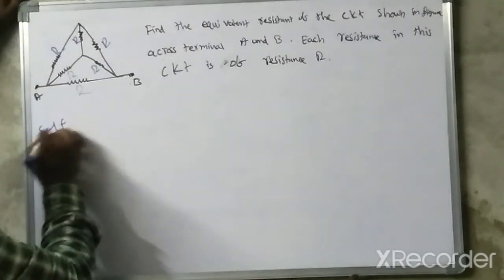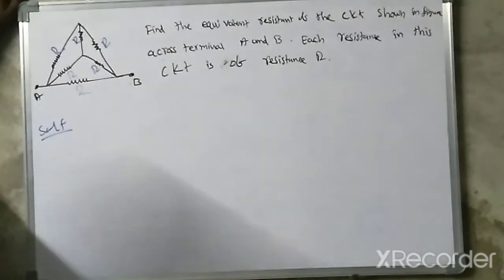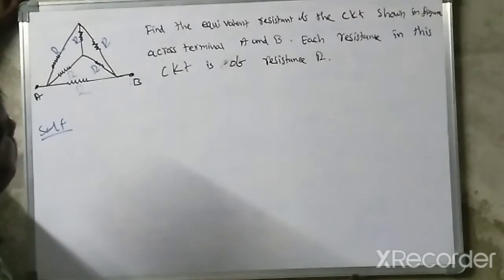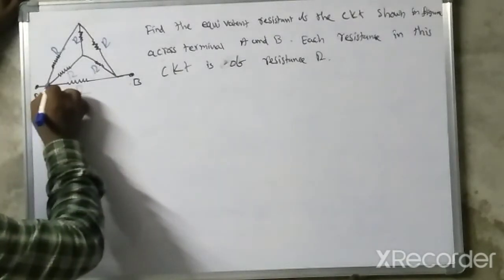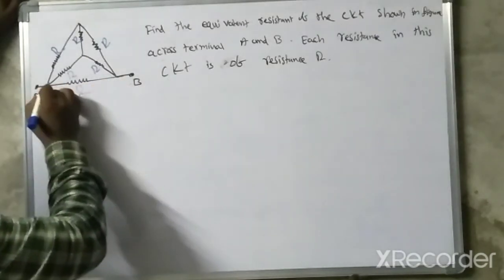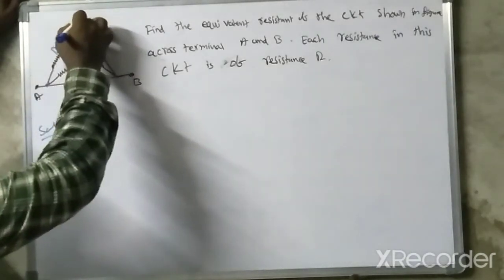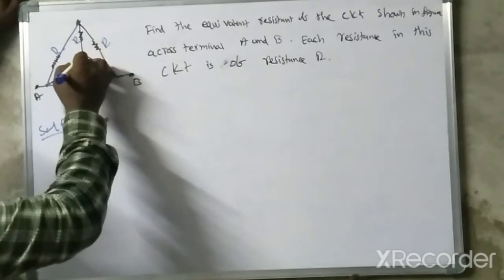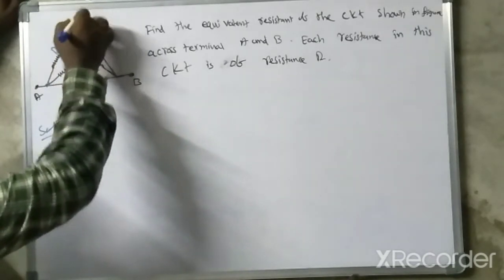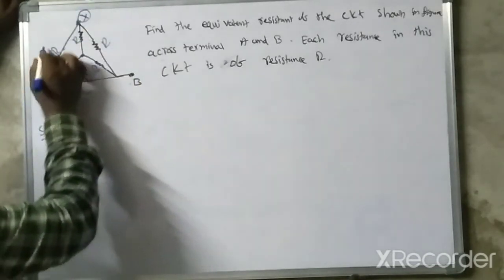Solution. Whenever they ask this type of question, you may identify the bridge balancing case. Let us consider the potential X here, with resistor R here and also resistor R here.